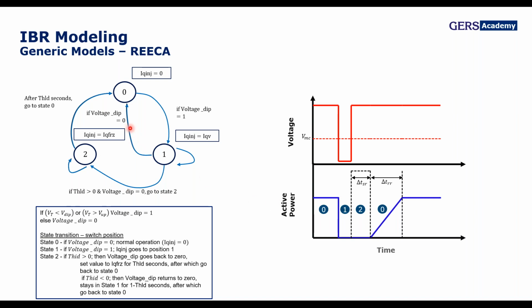So what the model shows is that you move from a state of 0 to the next one, and during that state, most of the injected power is reactive, so all the active power is just 0. And after a time, you wait while the reactive power moves to the other control, and after that you start recovering.